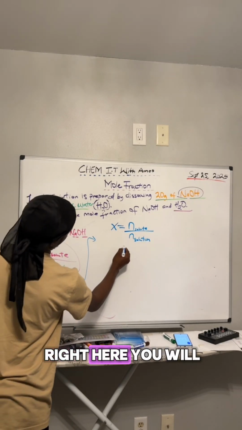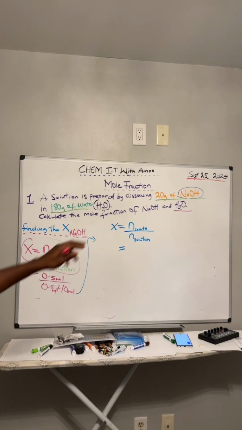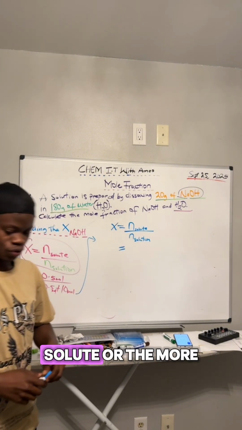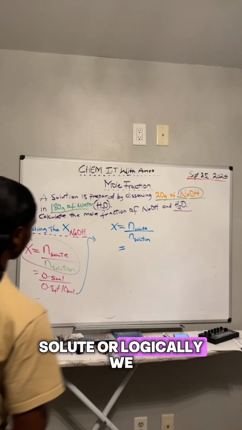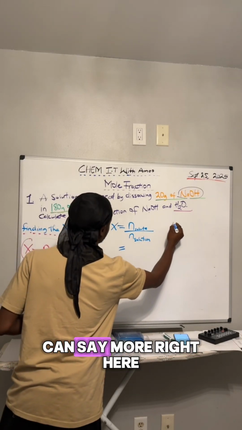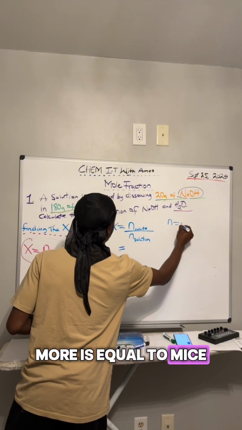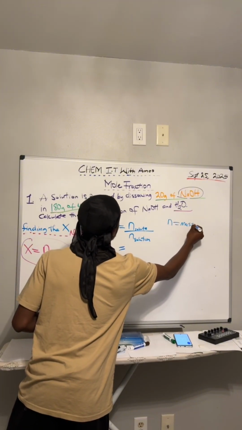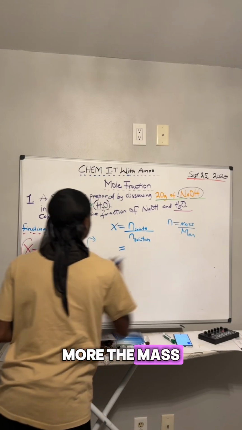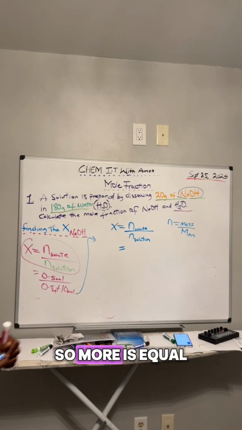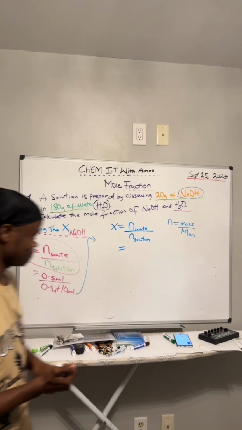When you look right here, you will understand that the mole of solute, or logically we can say mole, is equal to mass over molar mass. So mole is equal to mass divided by molar mass.